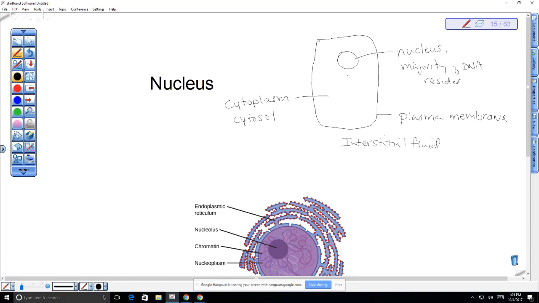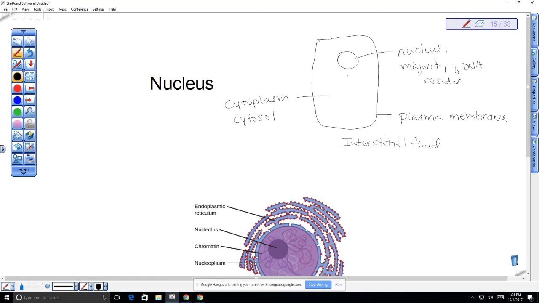It's spelled S-T-I-T-I-A-L, interstitial. Stitial actually means tissues, so it's between the tissues, but it's also between the cells. Every one of your living cells, I'll have to say that. Sometimes you have dead cells on the surface of your skin and there's no water between them. But living cells have interstitial fluid.